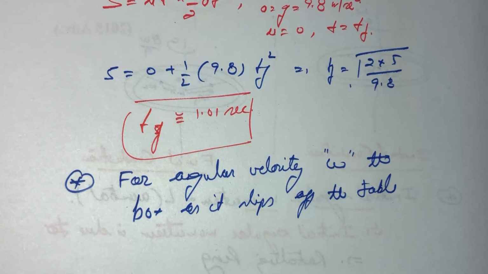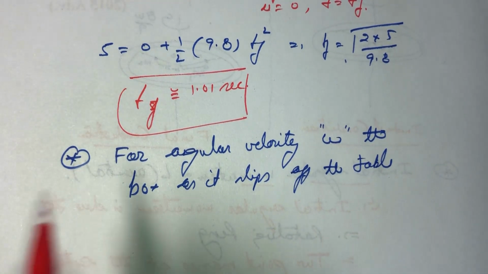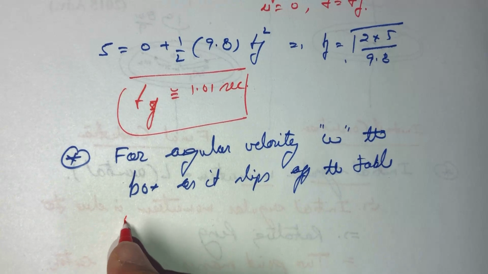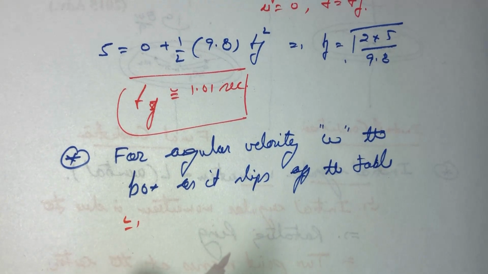It is mentioned in the question itself that the box slips off the table in a very short time, that is t = 0.01 second.